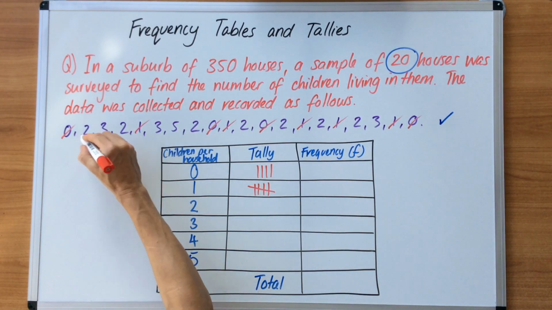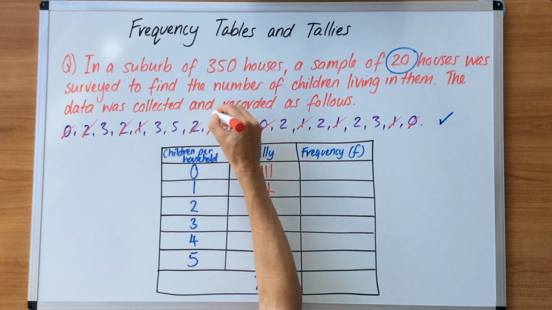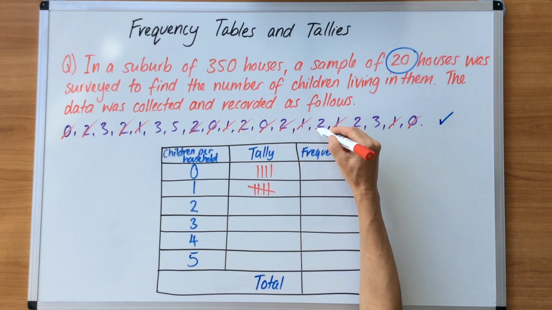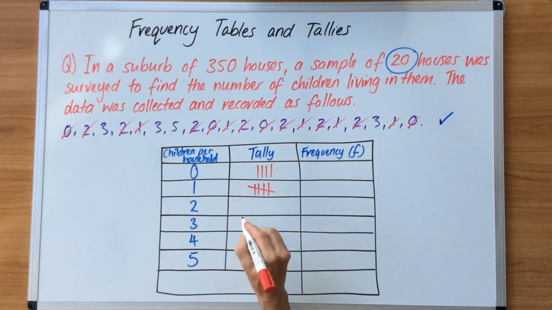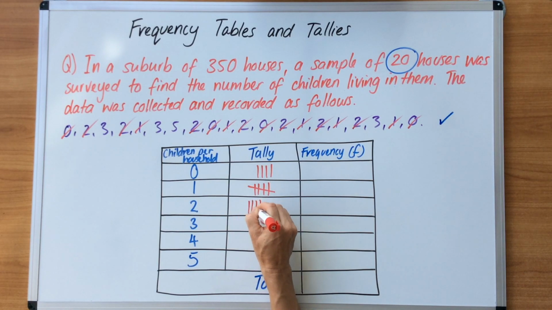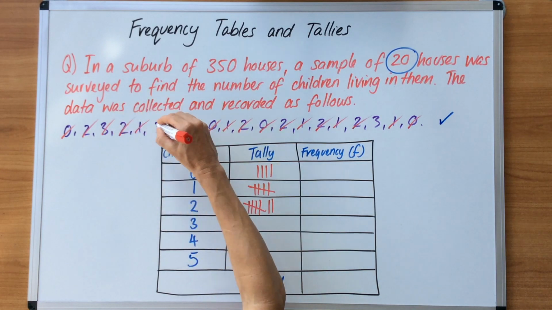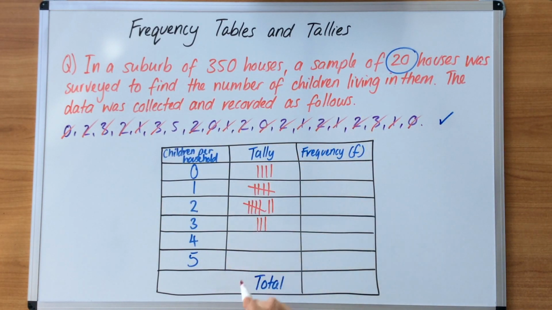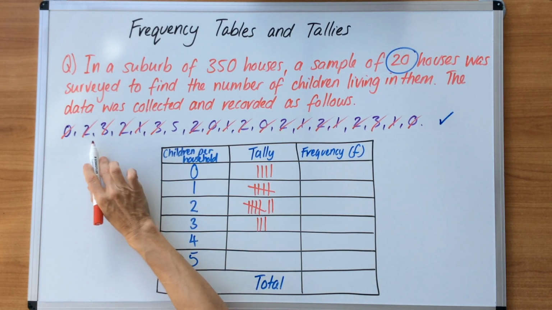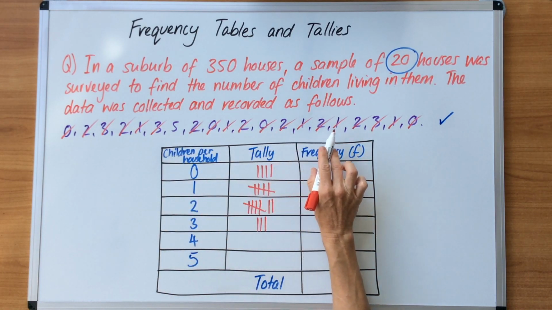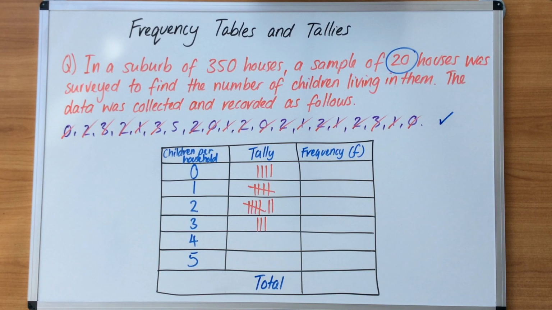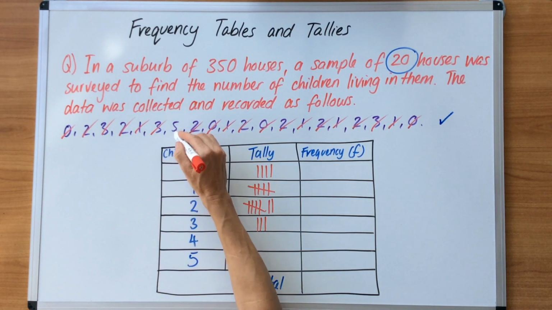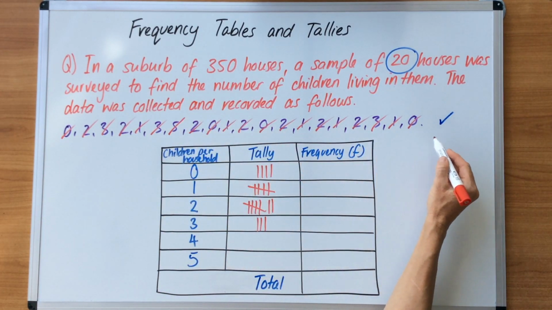The number 2: 1, 2, 3, 4, 5, 6, 7. There are 7. The number 3: 1, 2, 3. The number 4: I can't see anything there for number 4. And number 5: 1 only.